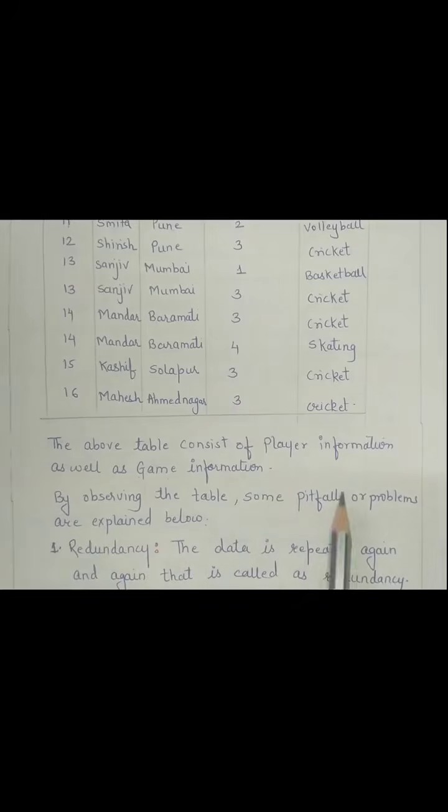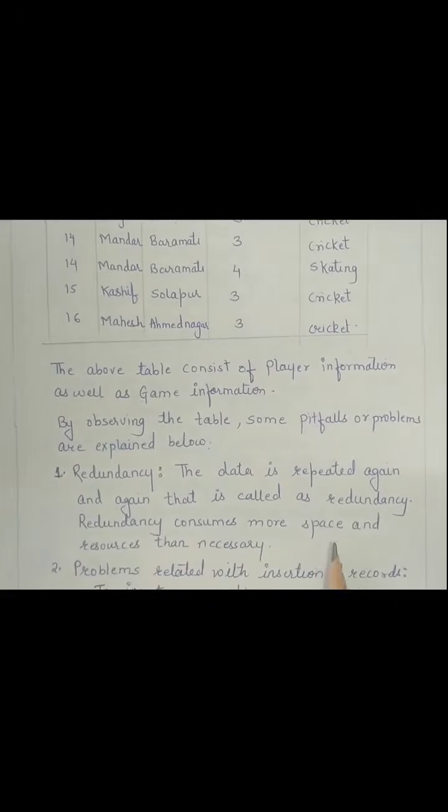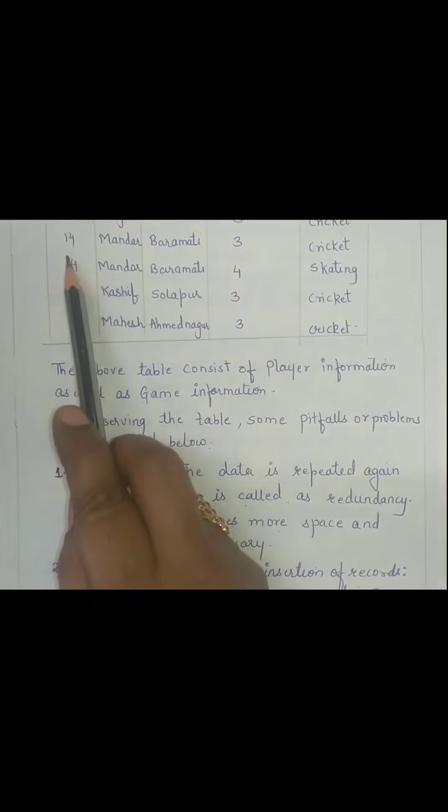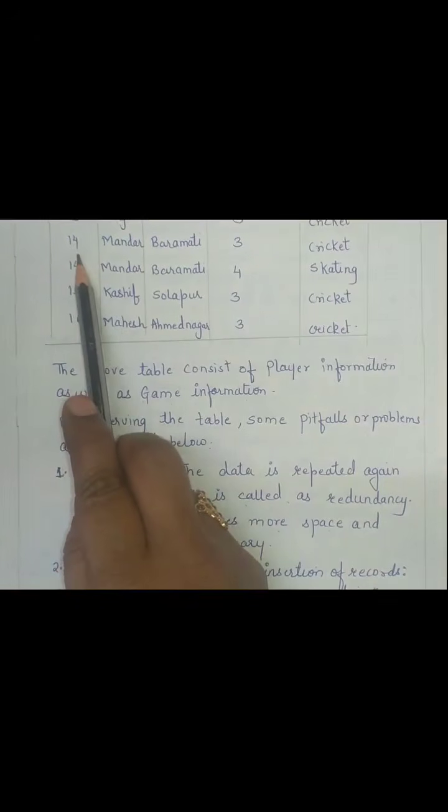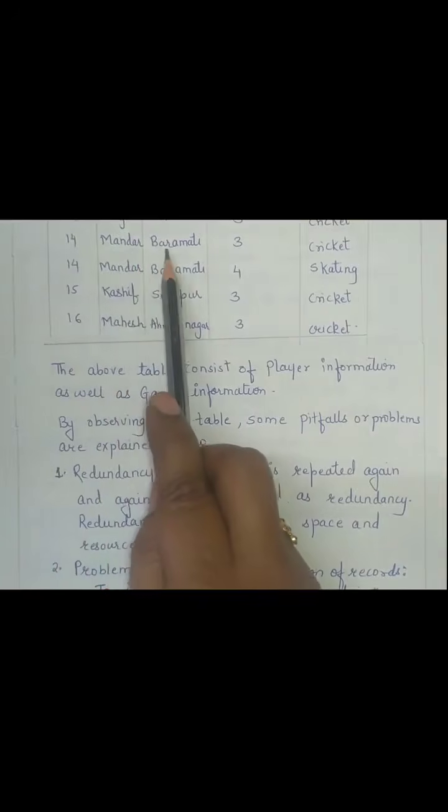Here some pitfalls or problems are explained below. The very first problem is nothing but redundancy. Redundancy: the data is repeated again and again, that is called redundancy. Redundancy consumes more space and resources than necessary. So as I have explained, you can see in this example player number 14, Mandar and Baramati.